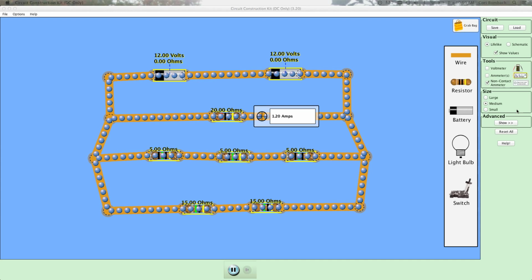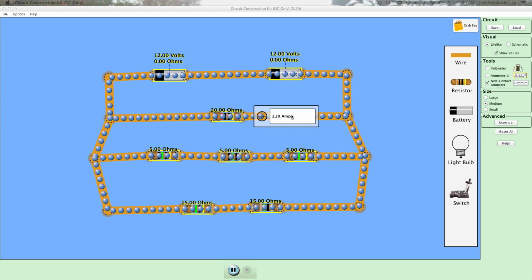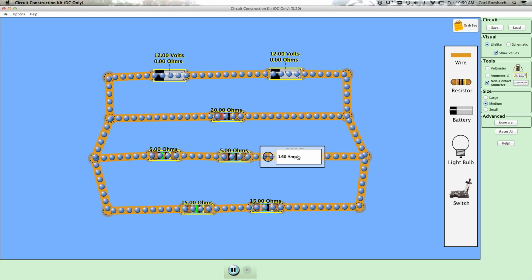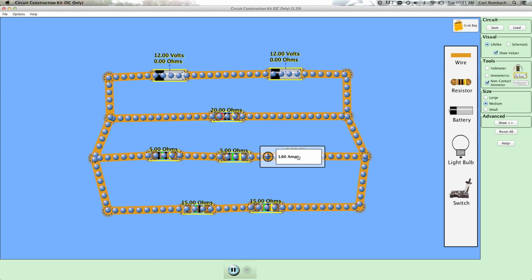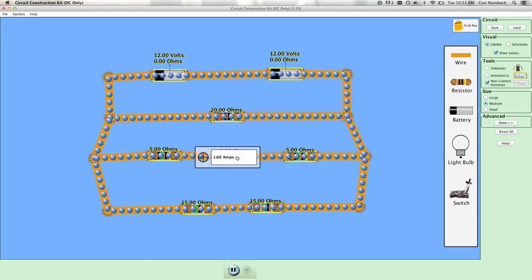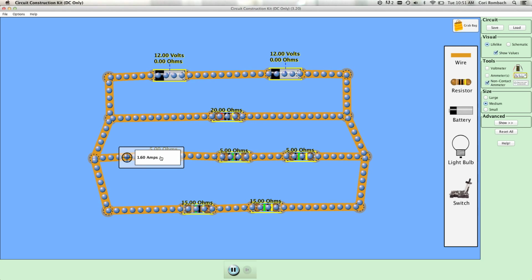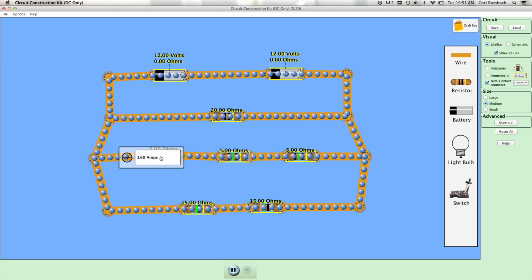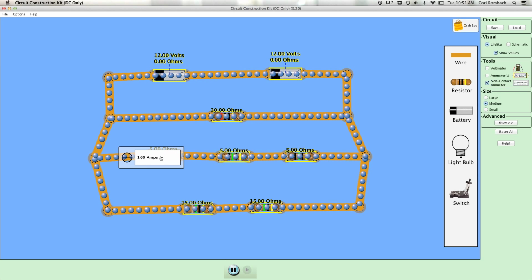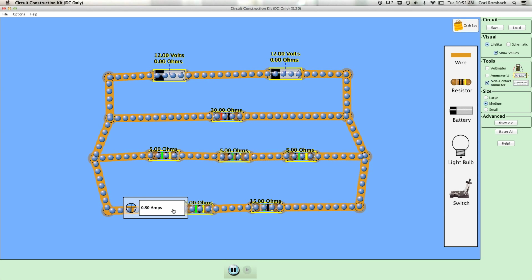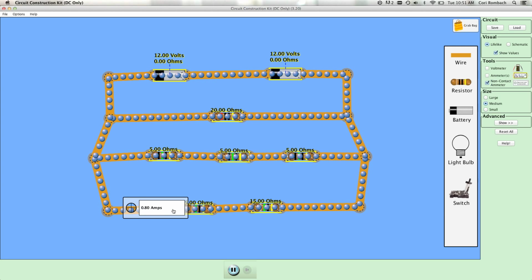So number 14, what is the current through the branch with all of the 5 ohm resistors? So I'm going to move the crosshairs over that, and I'm going to end up with 1.6 amps, 1.6 the whole way across that branch. And then finally, what is the current through the branch with the 15 ohm resistors? 0.80 amps.